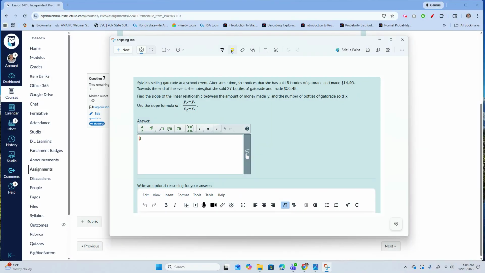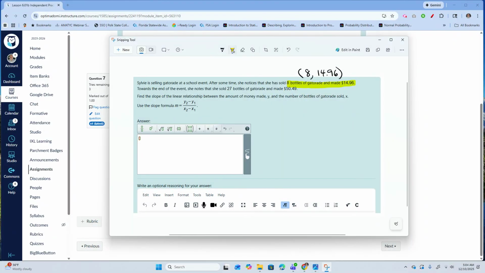Okay. When I start reading the second sentence, that said, after some time, she notices that she sold 8 bottles of Gatorade and made $14.96. Right there, that's your first point because the information came in pairs. Okay? And basically, the point is going to be for 8 bottles of Gatorade, she made $14.96. See, that's your first point.